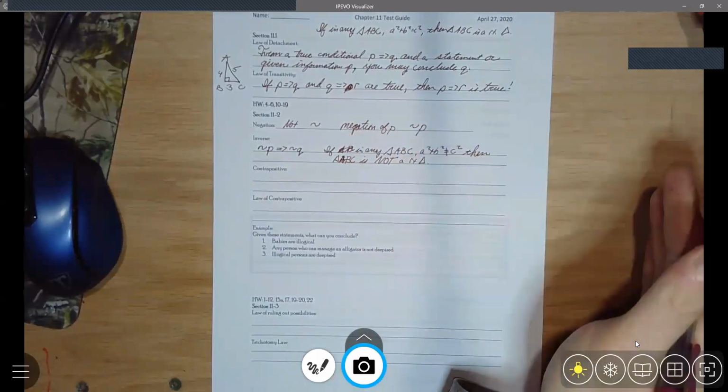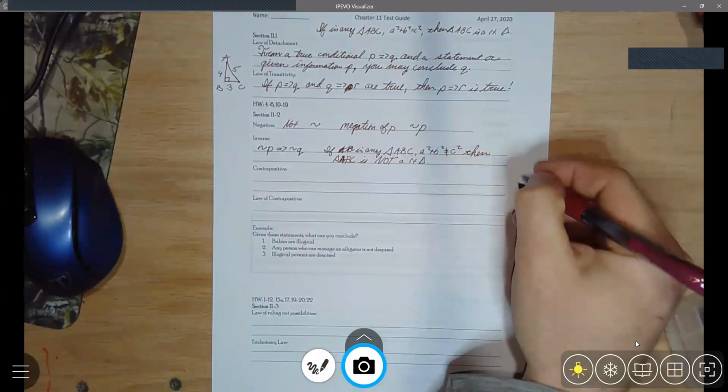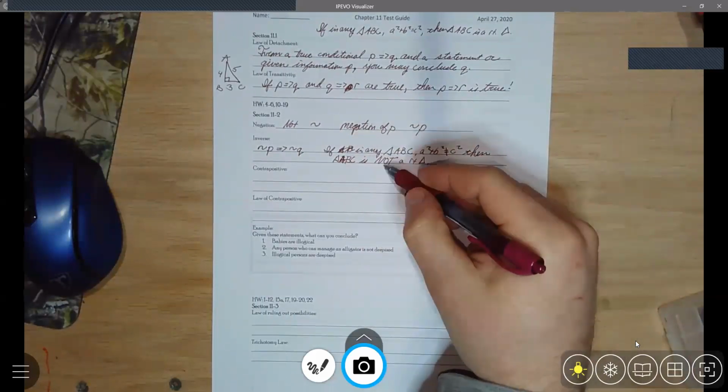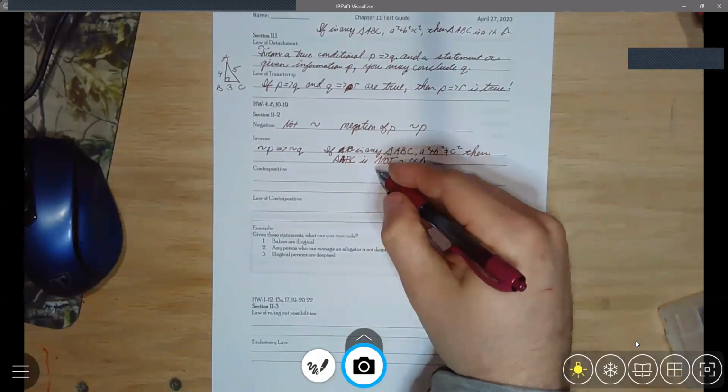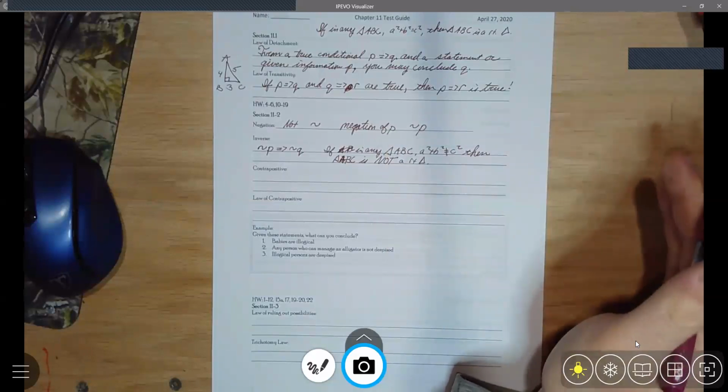So if it's not right, it's either going to be acute or obtuse. So you could write that too. You could say, then triangle ABC is an acute or obtuse triangle. That would be saying the same things in different words.